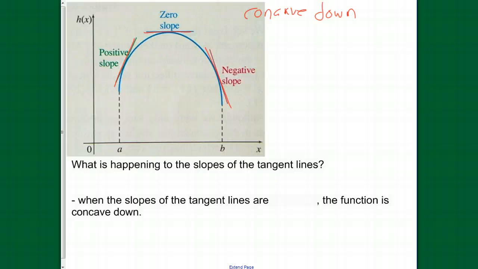The first derivative here gives us the slopes of the tangent lines. The second derivative is the change in these slopes. So because these slopes are decreasing, the second derivative is going to be negative, which implies concave down. So that's what we're looking for.